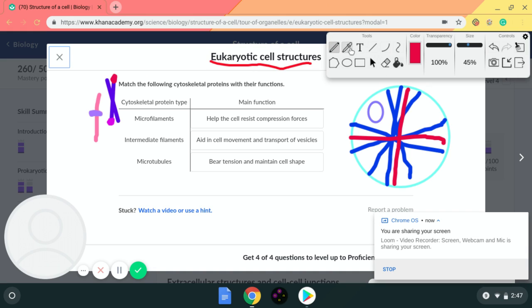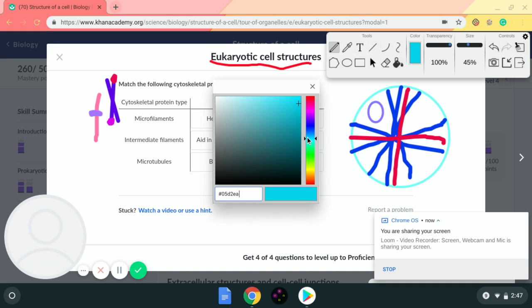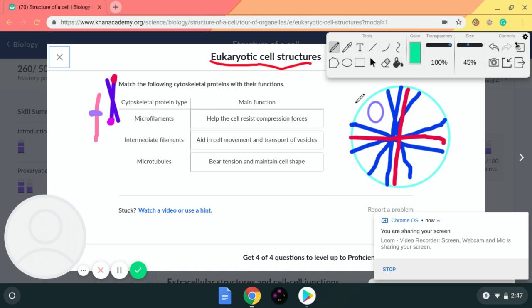And finally, we have microtubules. Despite being micro, they're actually the biggest out of the three, so maybe they discovered them first. No, we're going to need to make this more thick. That's a little more like it. Alright, this works.